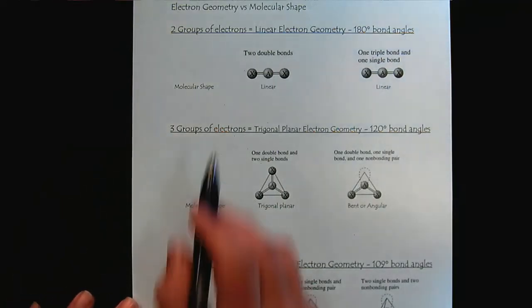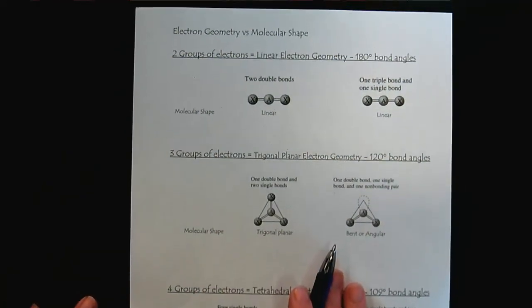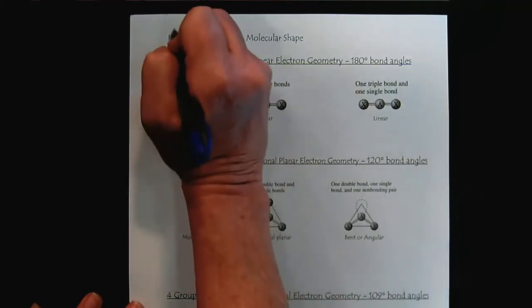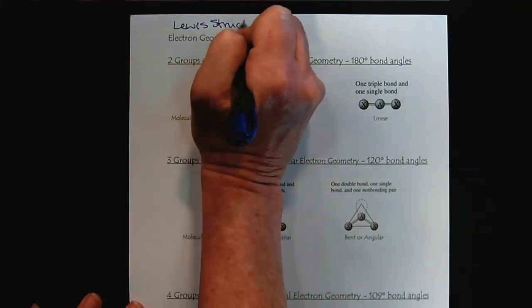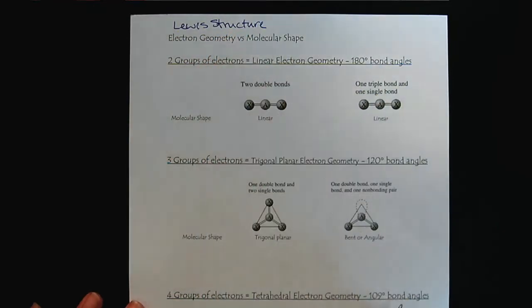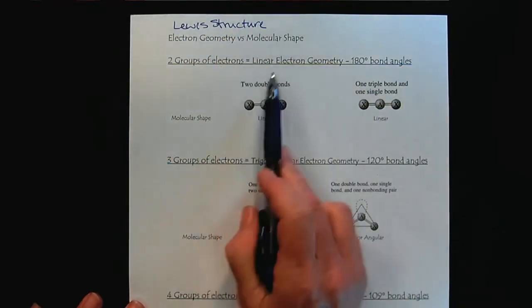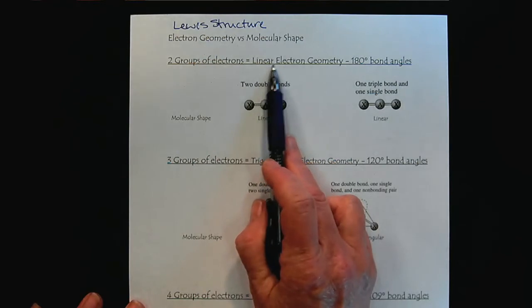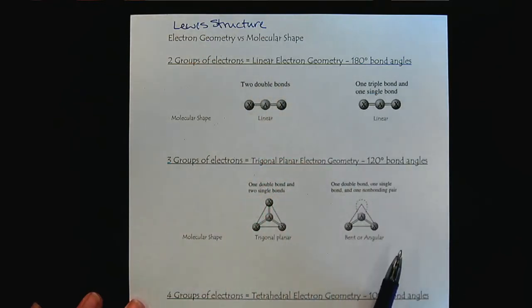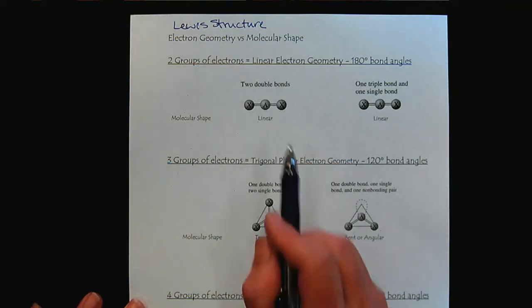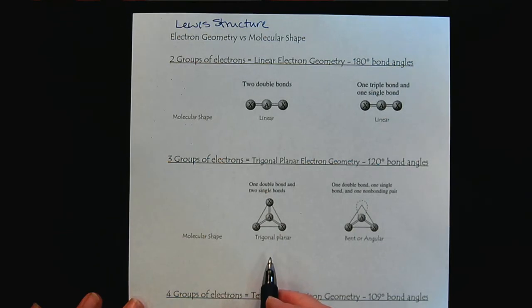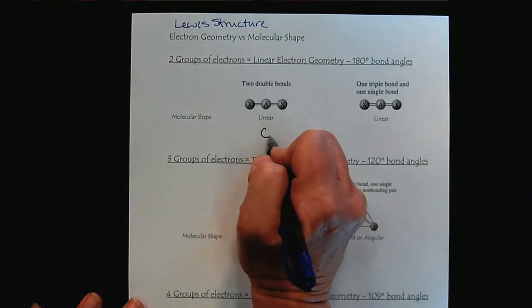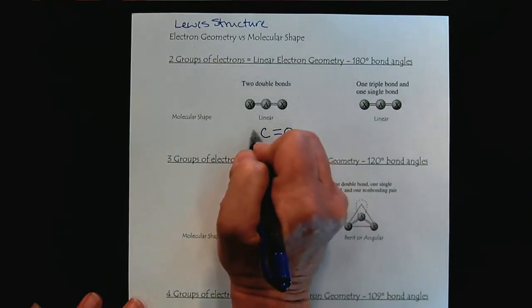Remember that the electron geometry is going to come from the Lewis structure. First we'll look at when we have a linear electron geometry. This can occur in two different ways. We can have two double bonds around the central atom, like carbon dioxide.